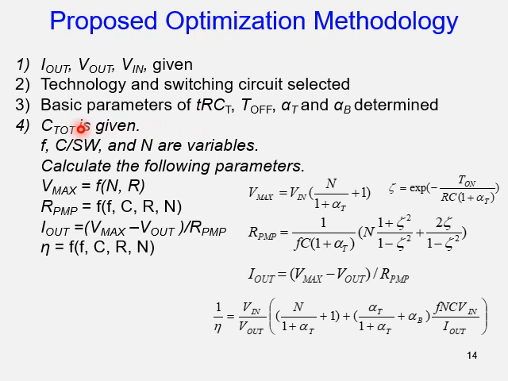And initially, you assume a total capacitor size, which doesn't affect the final result. You just start with the assumed total capacitance. Then you should treat as variables the frequency F, C over switch, and the number of stages N. Then using these equations, you should get those values as a function of them.